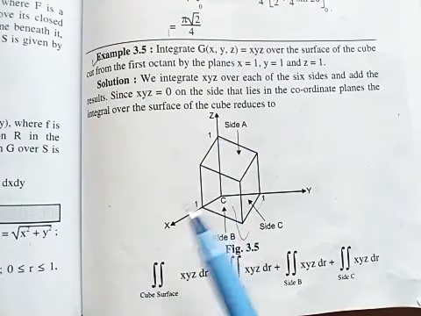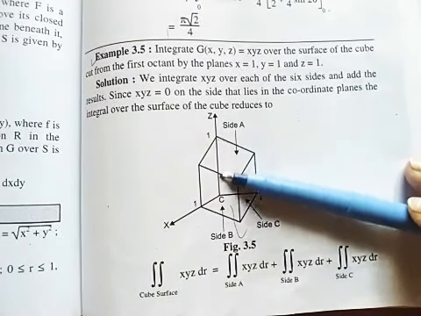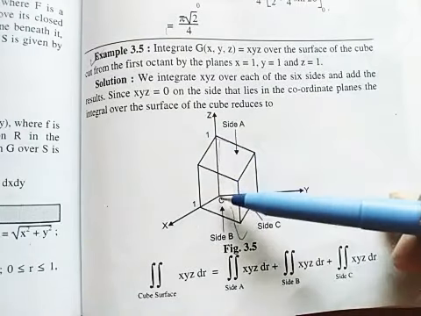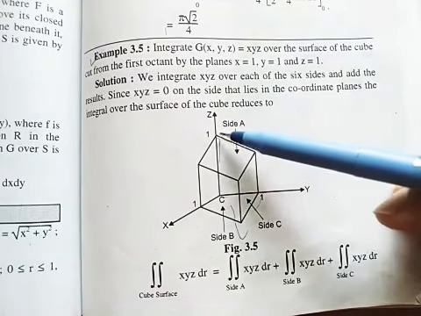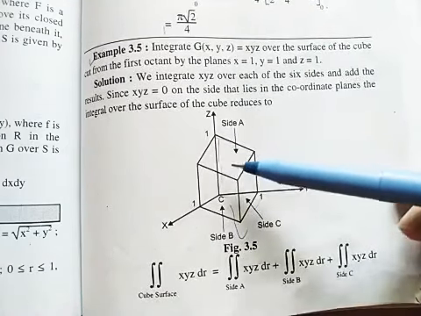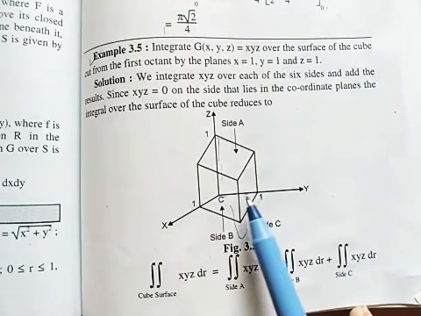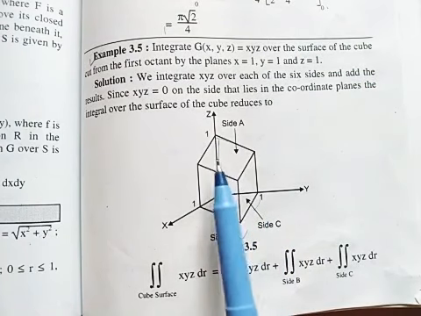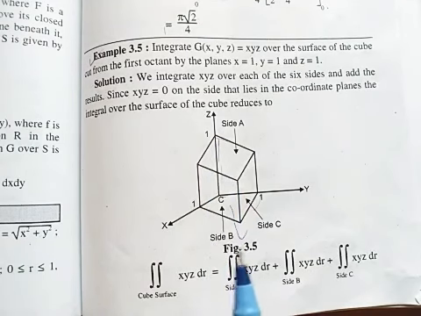Consider this plane, the zy plane. For this side, what is the value of x? For this side x is 0, and x is 0 means x y z will be 0. For this side z is 0, so x y z will be 0, and for this side y is 0, so x y z will be 0.